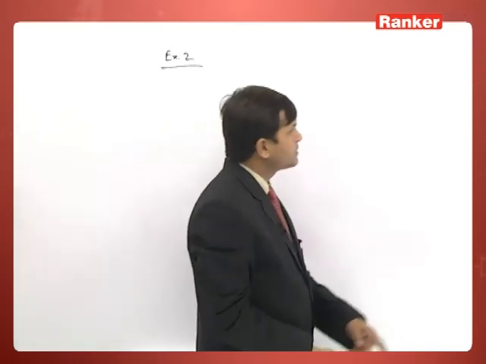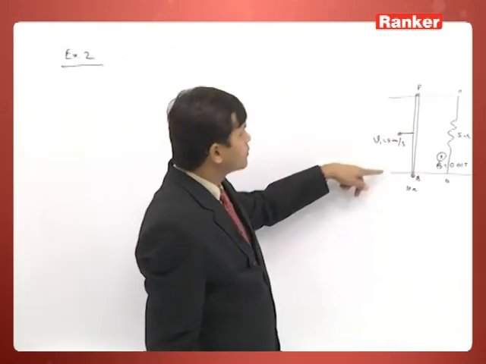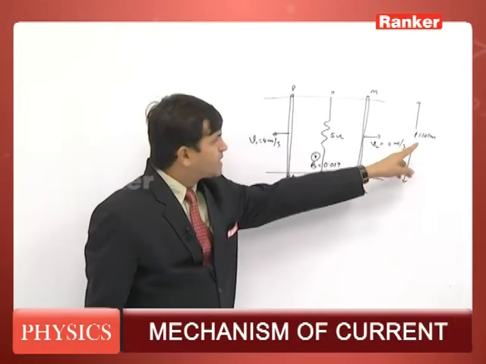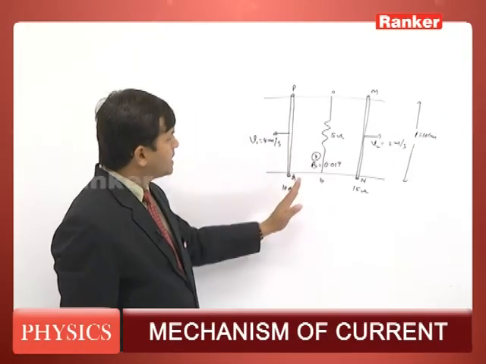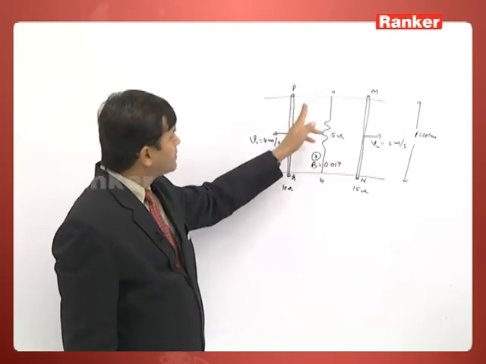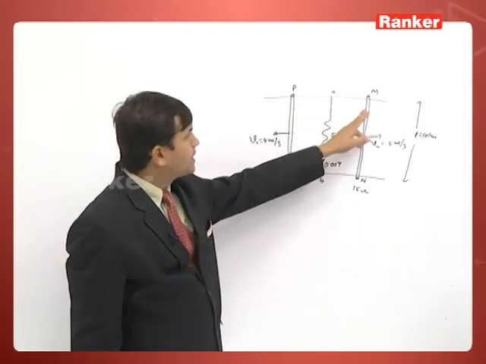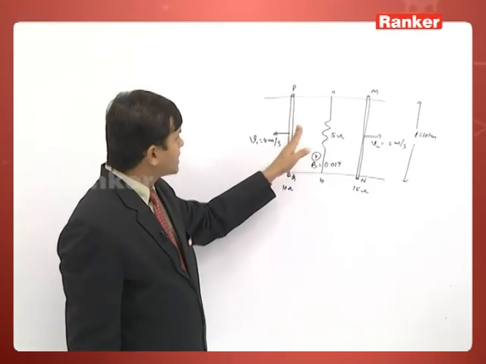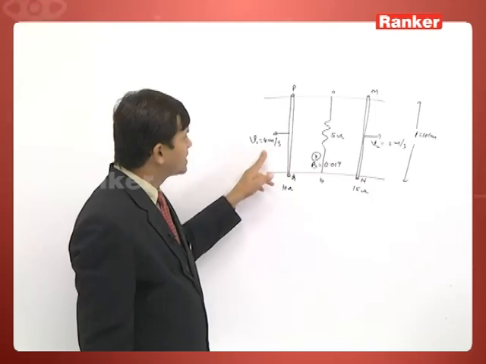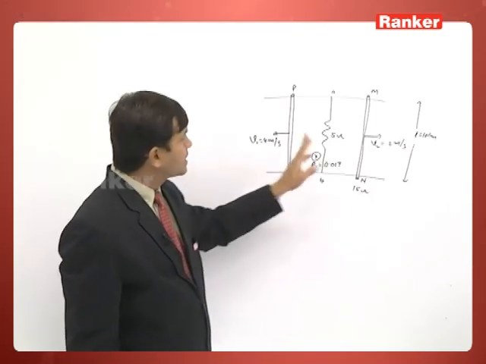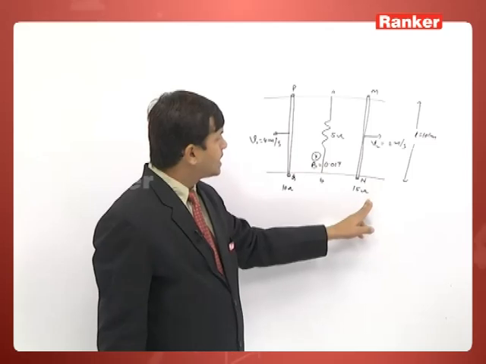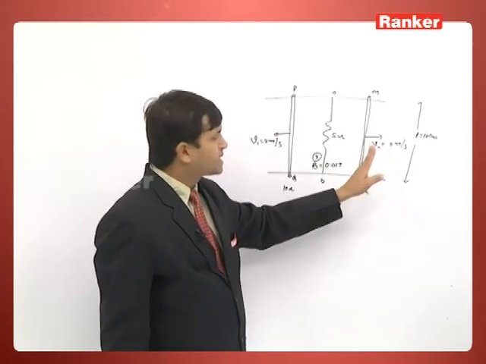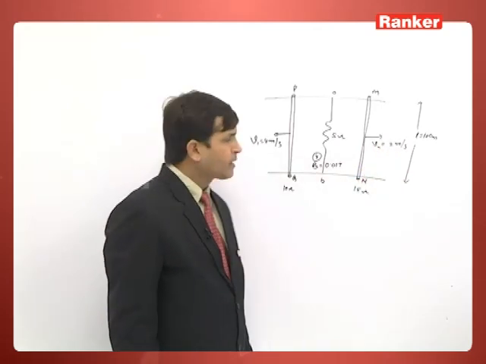In this example, these are two parallel rails, and the gap between the rails is given as 10 centimeter. In these two parallel rails, we have two conductors PQ and MN, and the velocity of conductor PQ is given as V1, 4 meter per second towards left, and on conductor MN velocity is given as V2, 2 meter per second in the rightward direction.